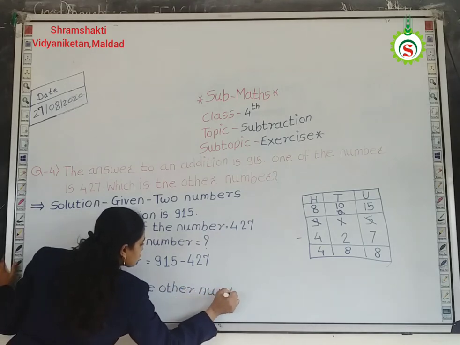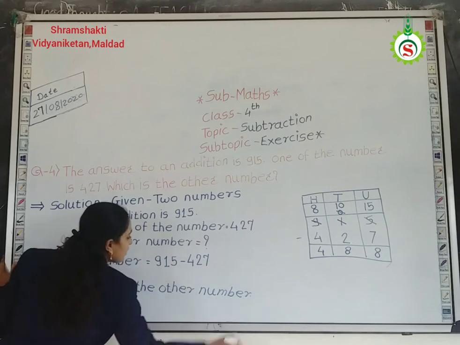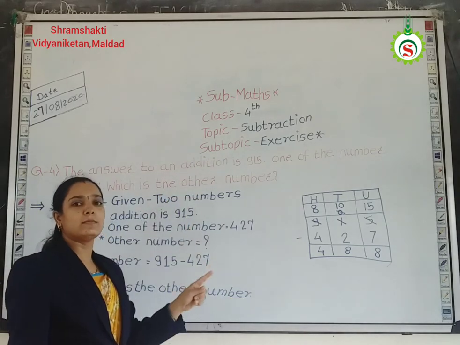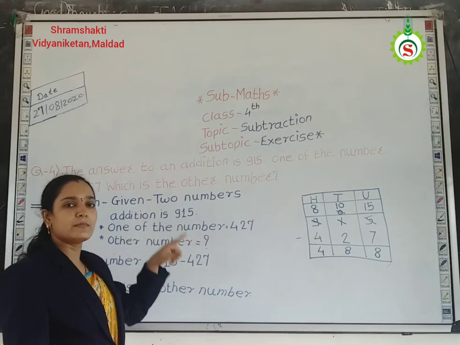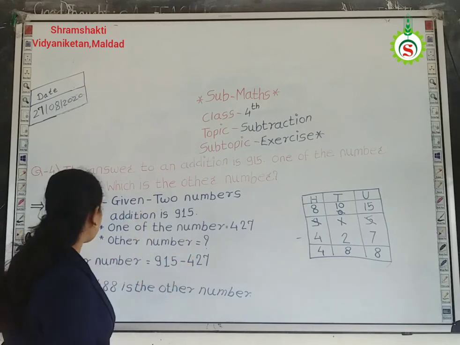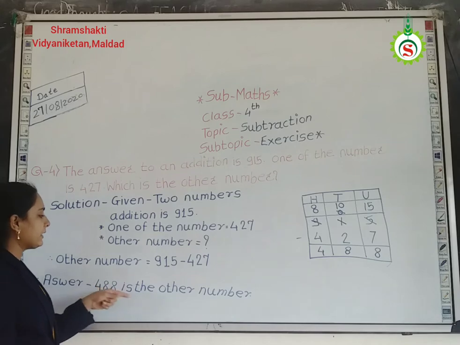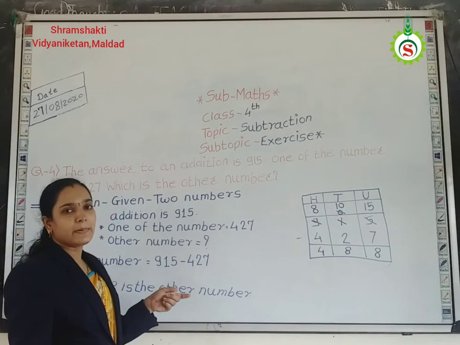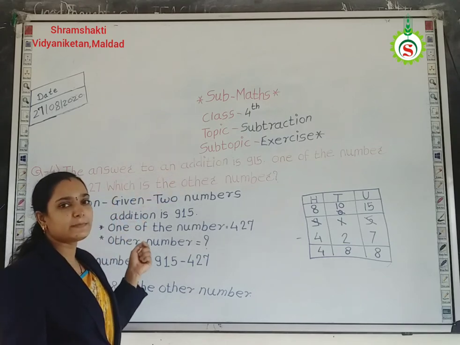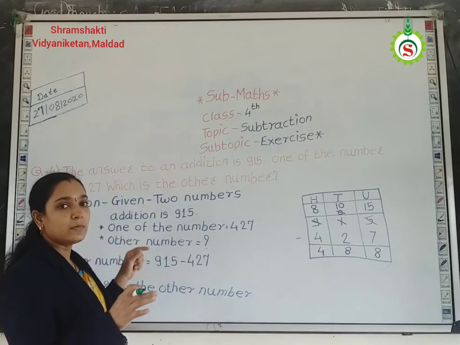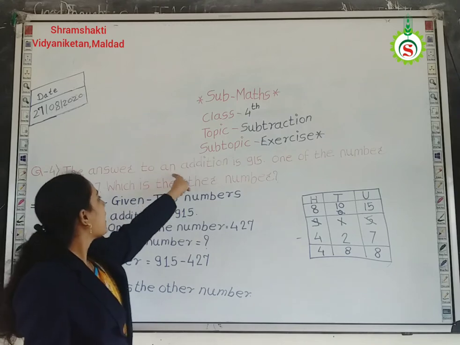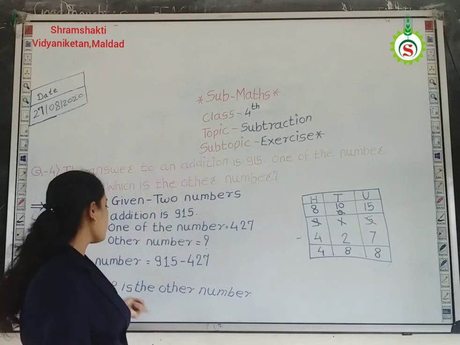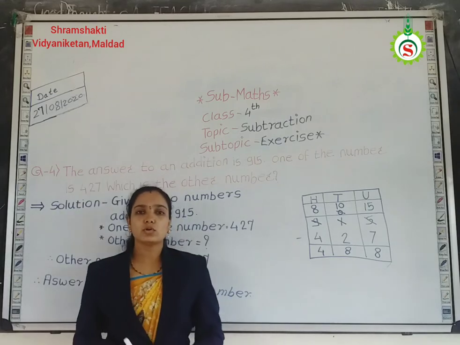Do you understand, students? In this example, the addition of two numbers is given along with one of the numbers, and we find that 488 is the other number. Sometimes the example is for addition or subtraction, but sometimes the addition is given and one number is also given, and we have to find the other number. Do you understand?